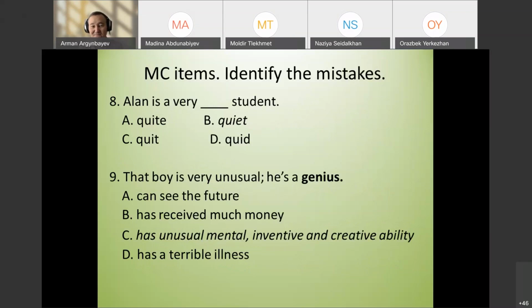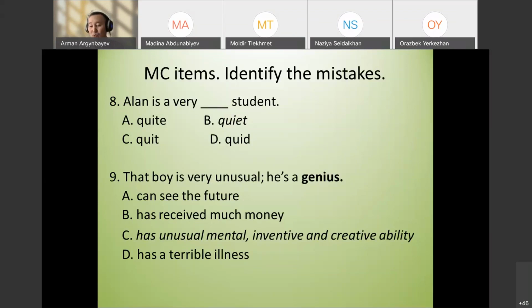Question number 8. It might look okay, but actually it's more like a pronunciation test. It's not about vocabulary checking exactly. Aruzhan writes, it's not a vocabulary test.